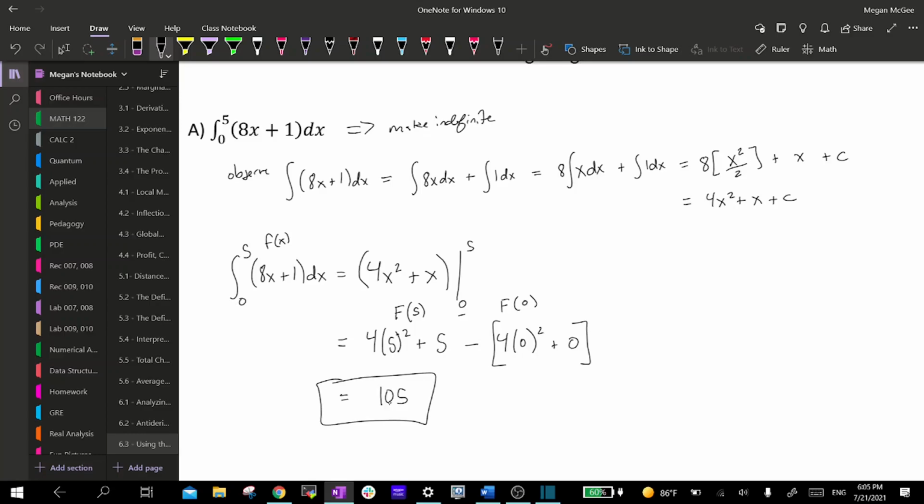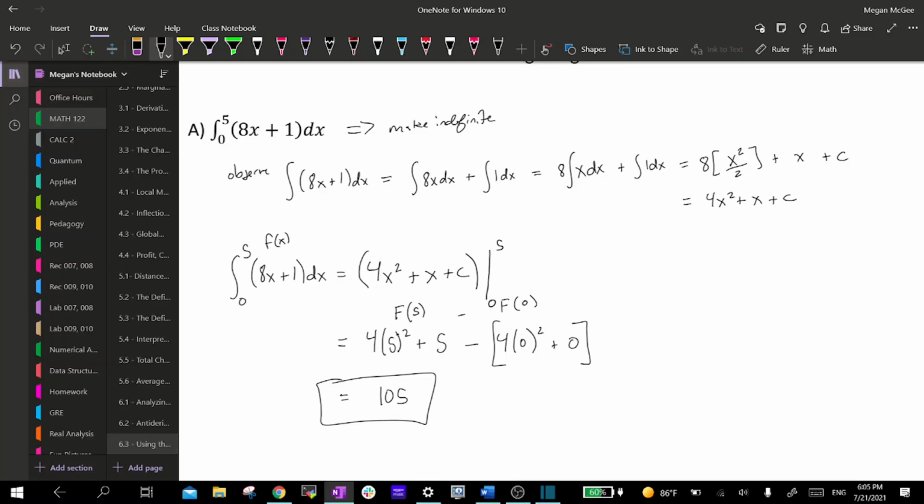Now let's come back to why I did not include the plus c over here. If you do, it's not going to change anything, and here's why. Let's extend this out a bit and add our plus c.